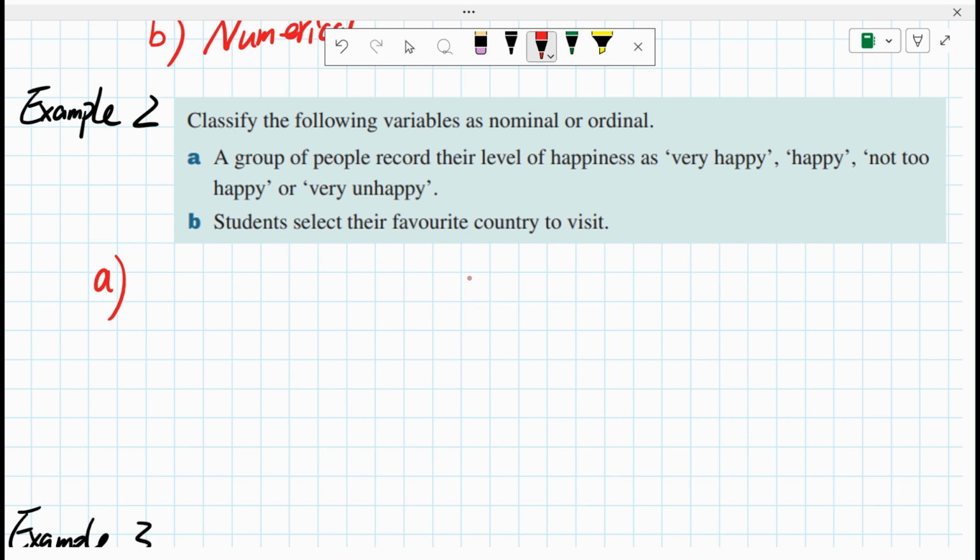This one is ordinal because there is an order from very happy to very unhappy. So it's ordinal data. And B, students select a favorite country to visit. This one is data about countries, so it's nominal.